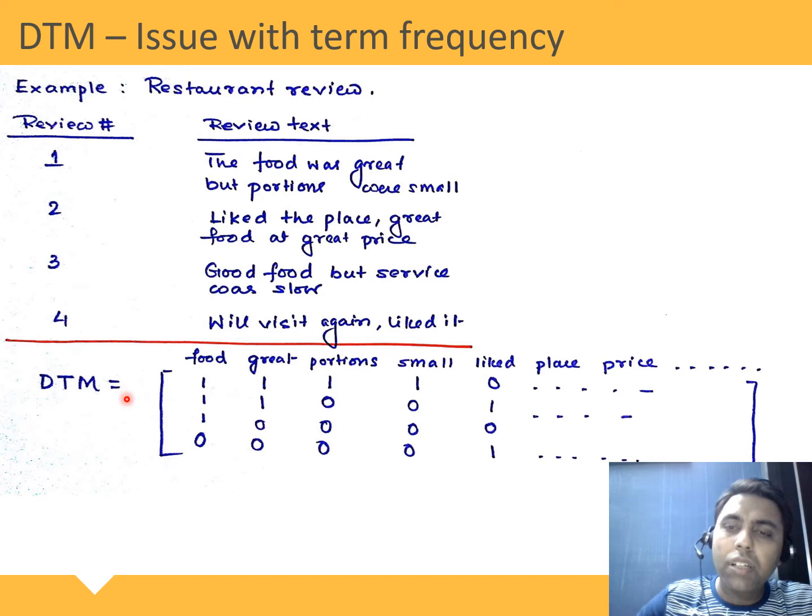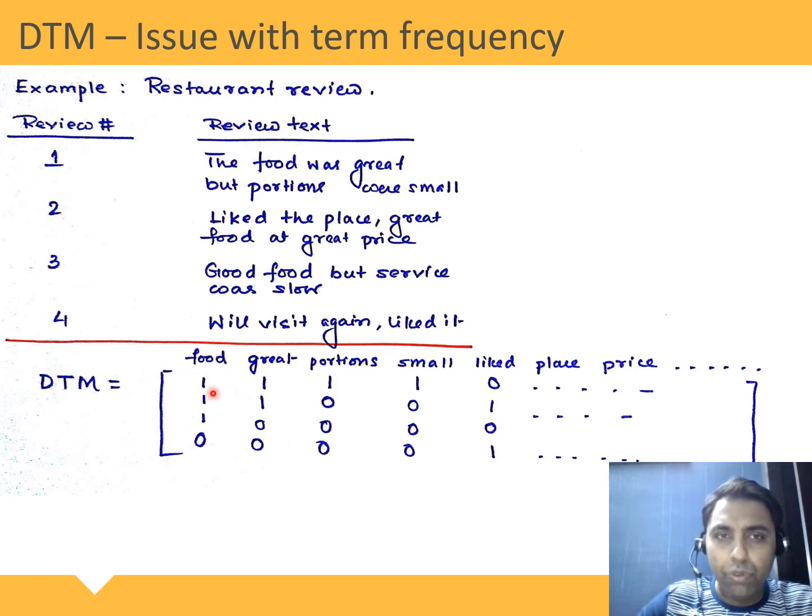If we construct the document term matrix out of this data, we will have 4 rows because we are considering 4 reviews, and as many columns as the number of unique words in this collection of 4 reviews. I have not written down all of them, but we'll have food, great, portions, small, liked, and so on. Against each of these words in each row, we will have the term frequencies.